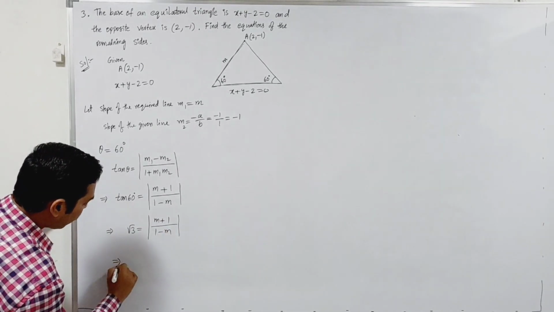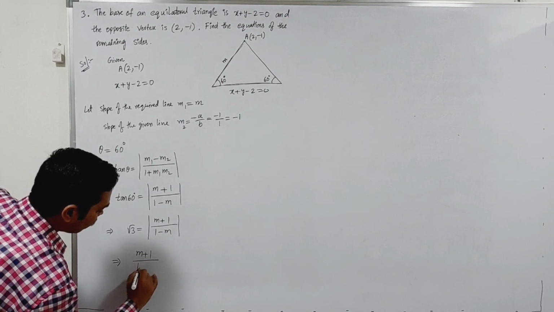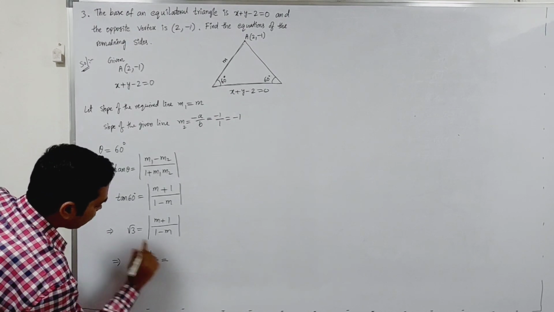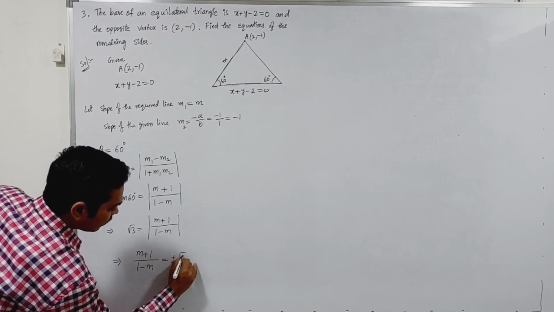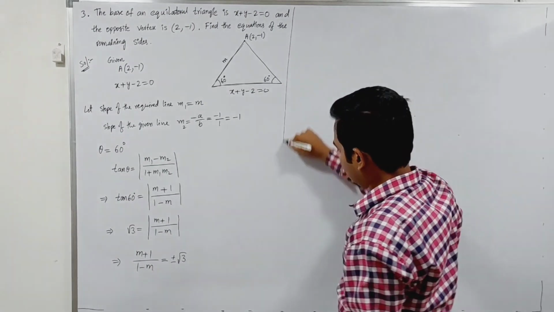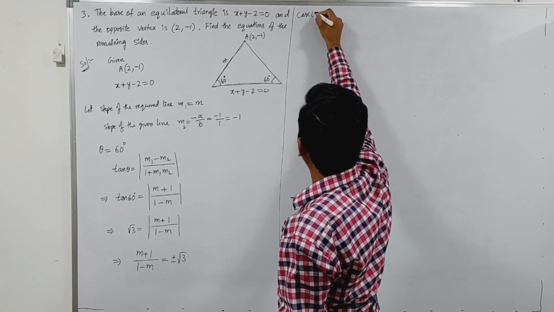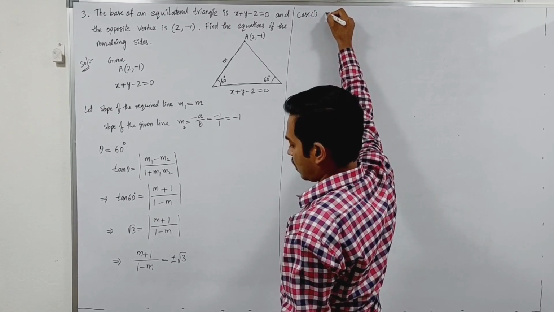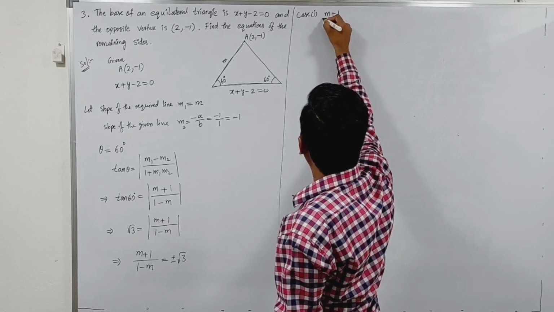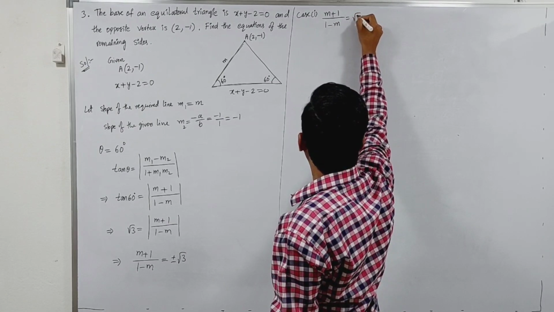Now remove the modulus and apply plus or minus. That is (m + 1)/(1 - m) = plus or minus root 3. Now take the plus case and the minus case. First the plus case. In case 1, (m + 1)/(1 - m) = +root 3.